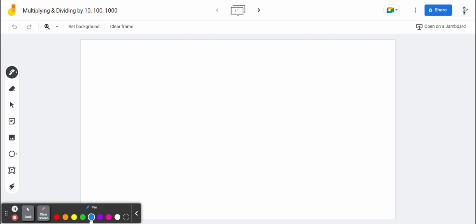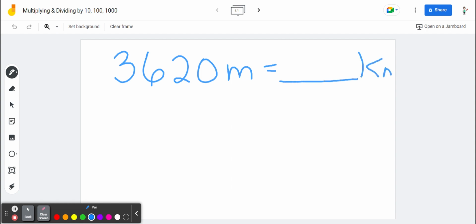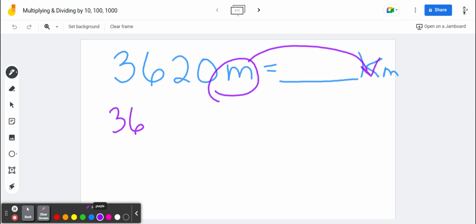Let's look at another one. So let's do one that's maybe trickier. So maybe you have 3,620 meters and you want to know how many kilometers that is. Again, thinking through division. So we're going from a smaller unit to the bigger unit, and we're going to divide.